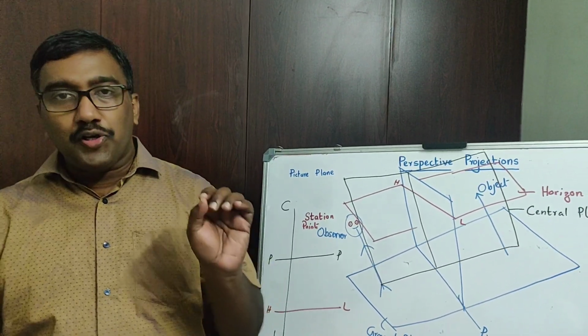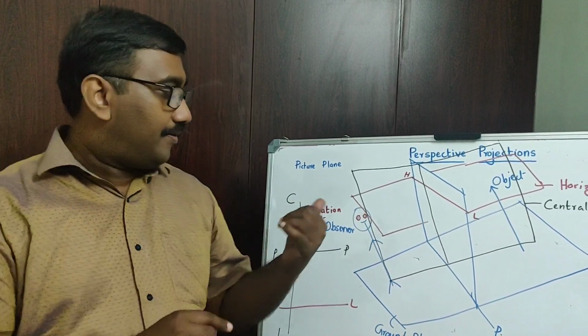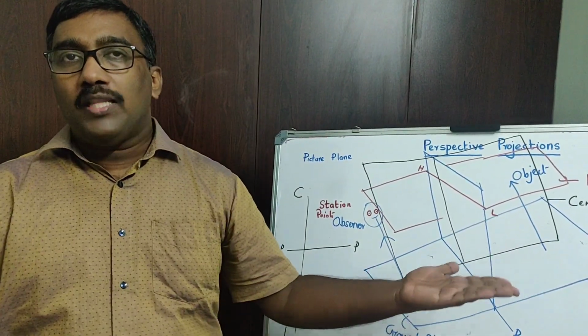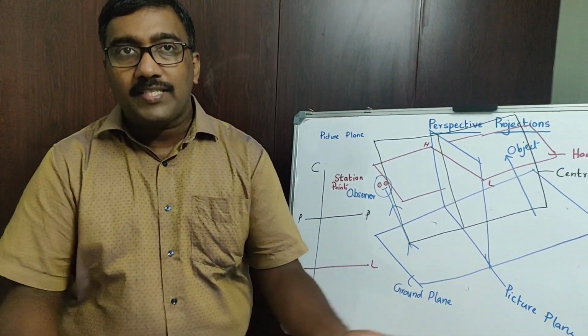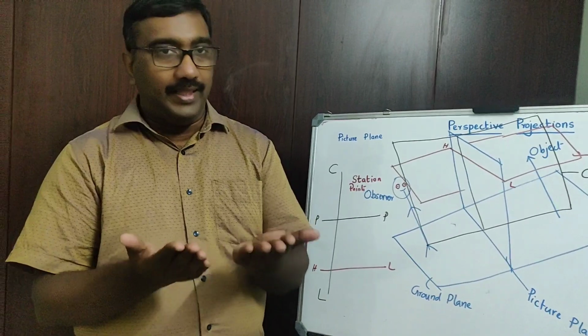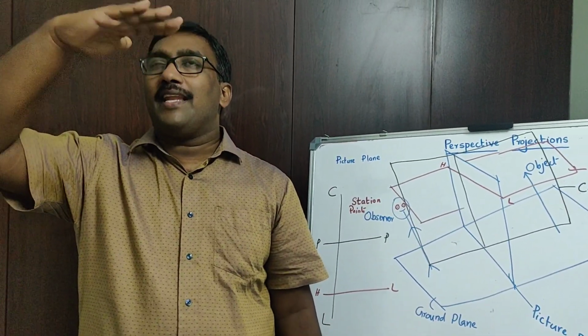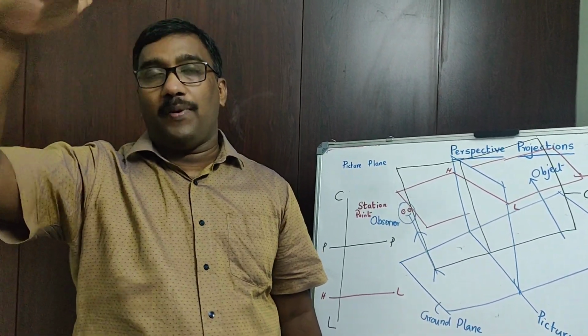Okay. Now I am going to conclude. The most important thing is the station point. That is the eye of the observer. Then all the planes are based on the ground plane. Okay, that is the lowest plane, that is the ground plane. Then you are having horizon plane, which is exactly passing through the station point, and it is parallel to the ground plane.